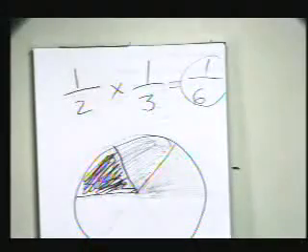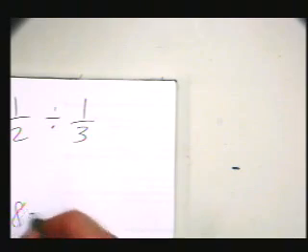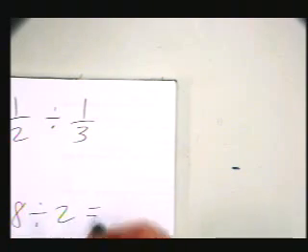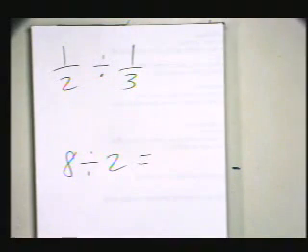Now, division, on the other hand, is a little trickier, okay? Because when you do division, 1/2 divided by 1/3, you can think of this in a couple of ways. Like when you take 8 divided by 2, by the way, this is a fantastic problem-solving method. It's called make the problem easier.